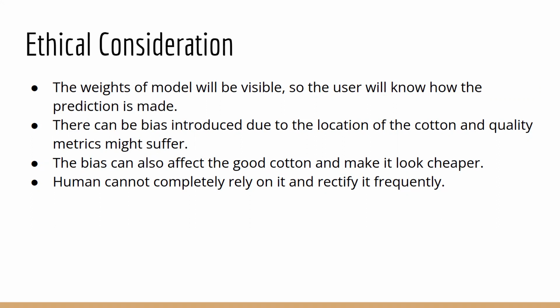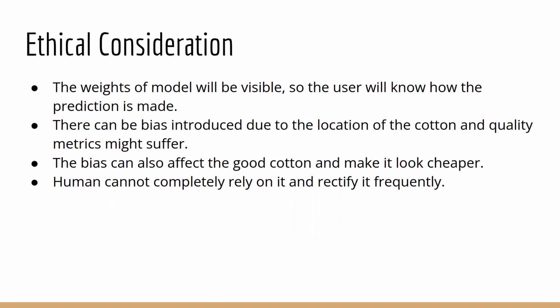There can be a bias introduced due to the location of the cotton, not the quality. It might happen that the model is ignoring the cheaper and closer cotton and finding something that is far away and the quality is not that good but the price is high because of the location.